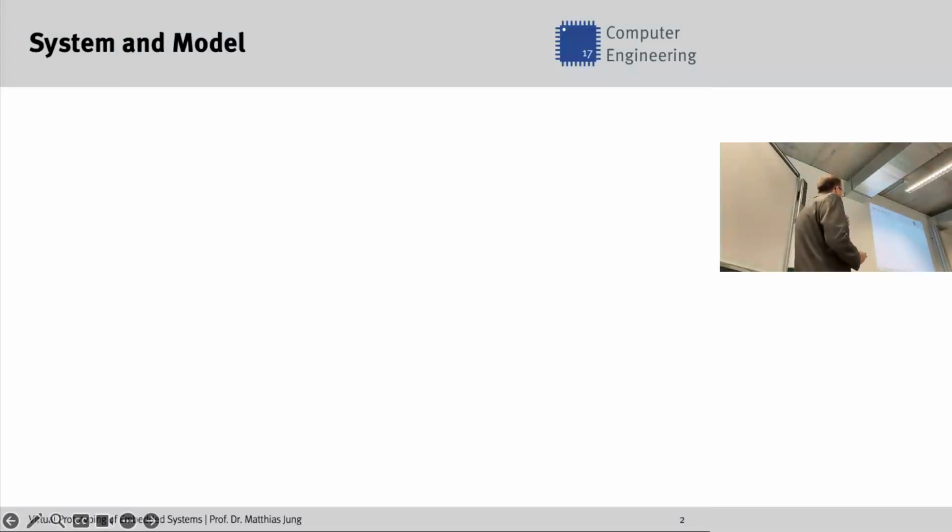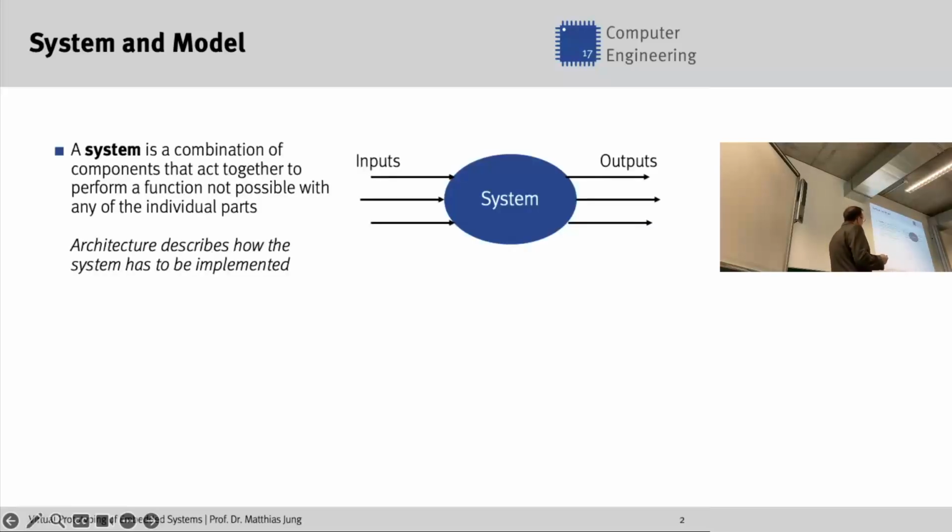I want to distinguish system and model. A system is a combination of components that act together to perform a function not possible with any of the individual parts. So it's composed of many other parts, and you usually have inputs to the system, and also outputs.